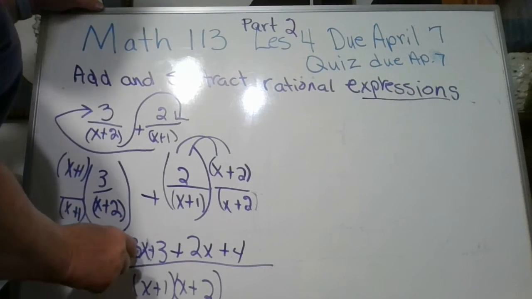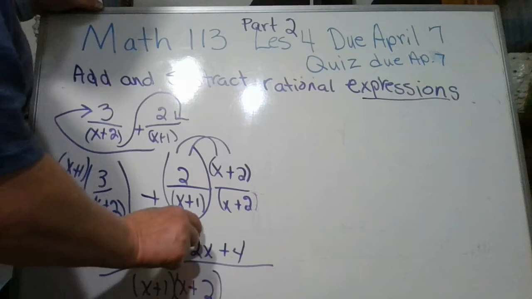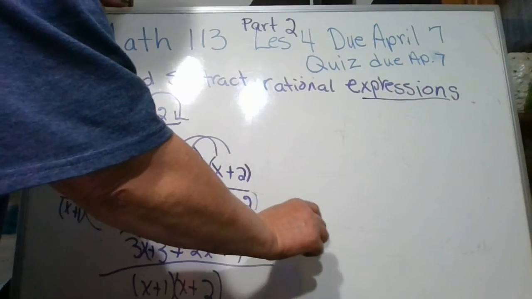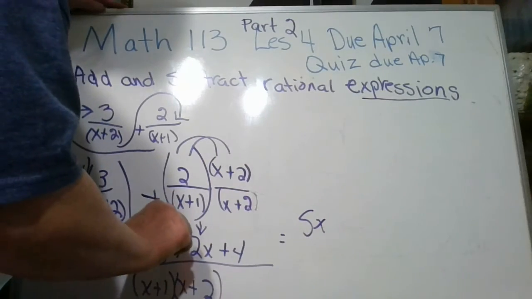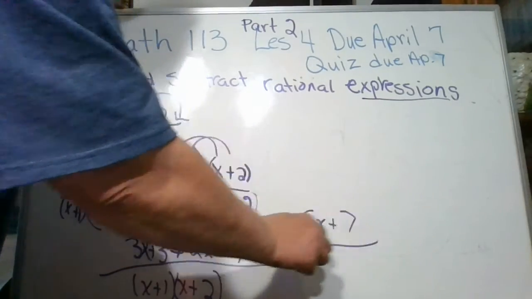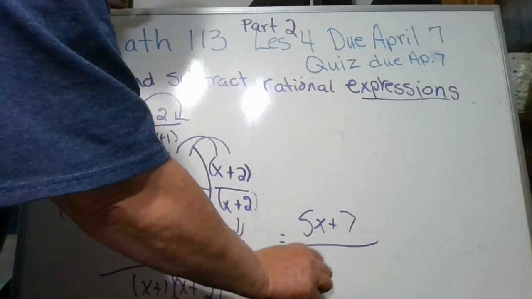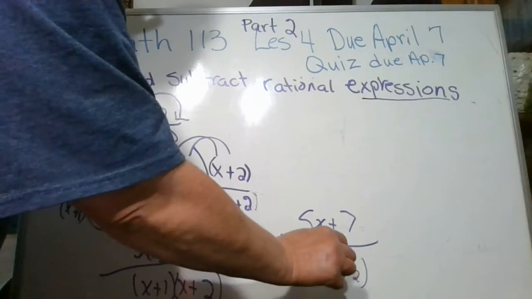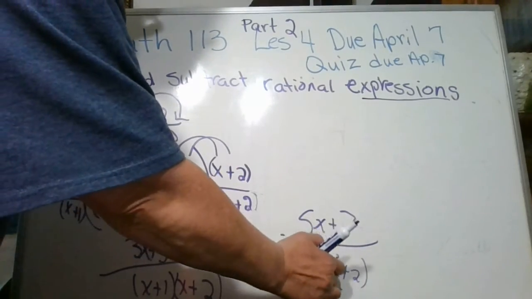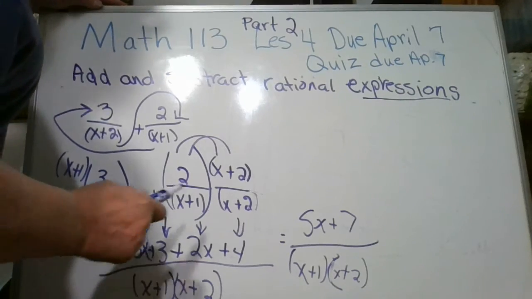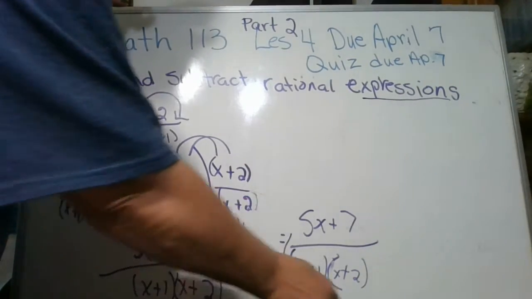Now I have like terms, 3x and 2x. That's going to be 5x. Like terms, 3 and 4, which adds up to be 7. And my denominator is x plus 1 times x plus 2. Be sure you put your parentheses in there. And that, my friend, is all you can do with this, so that is your answer.